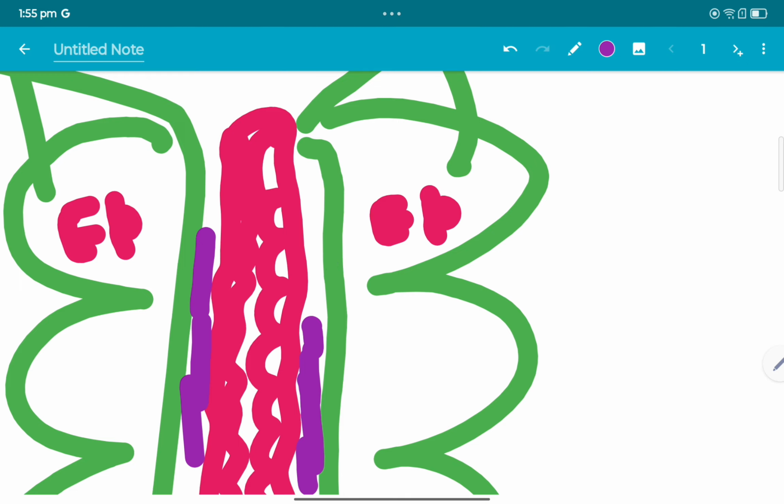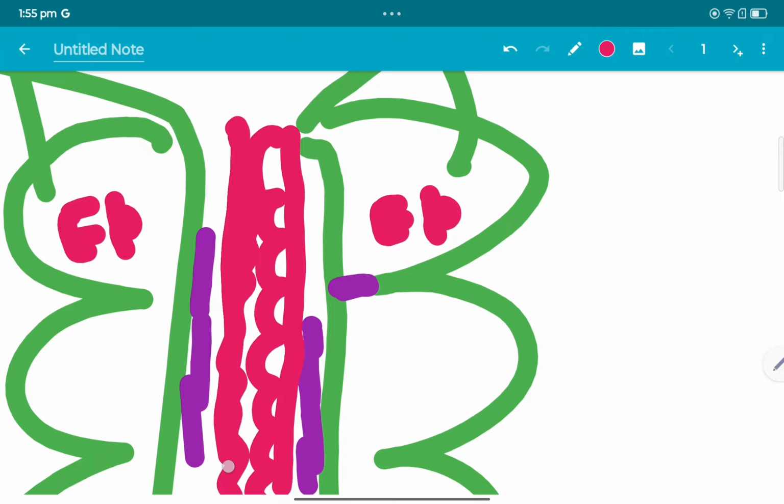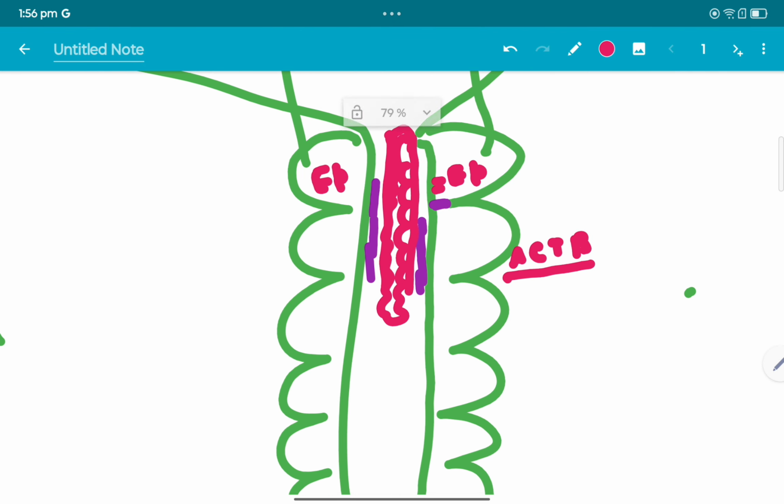So you have the alveolar epithelial cell, the capillary basement membrane, the basement membrane on this side, the endothelium, and the epithelium of the alveoli. So this constitutes the alveolo-capillary tissue barrier.